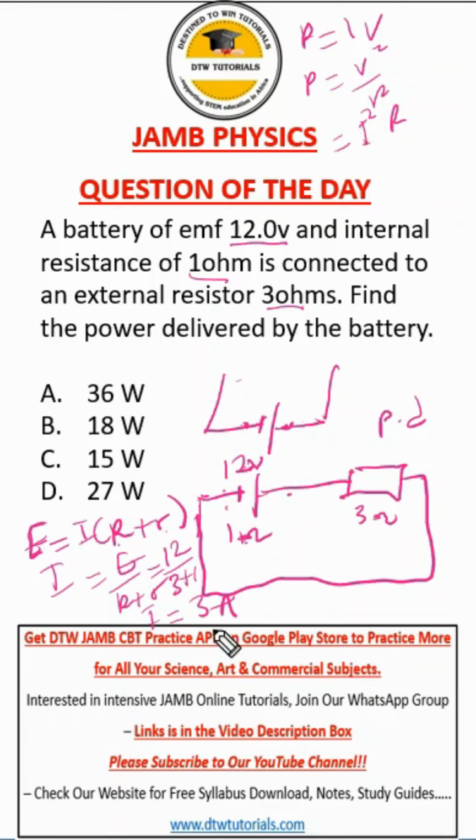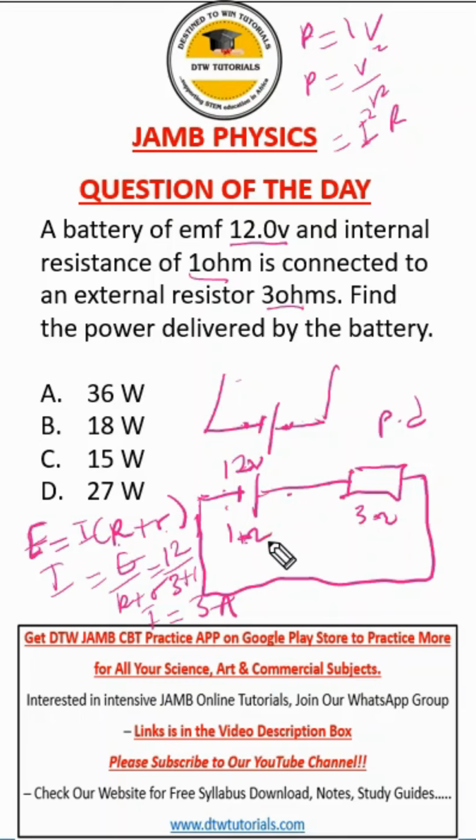We have our current, so that's the formula we use. It says find the power delivered by the battery. The power delivered by the battery is the power it delivers to the cell itself, because the cell has an internal resistance, and also the power it delivers to the external resistor.